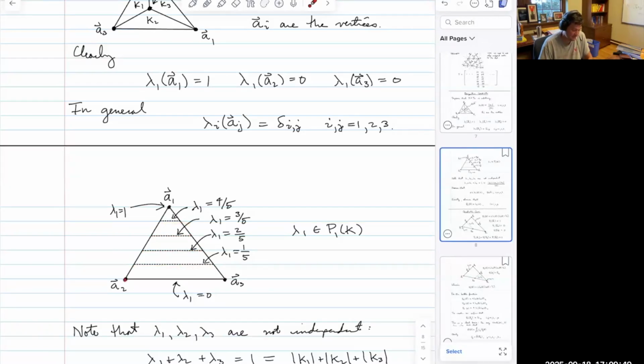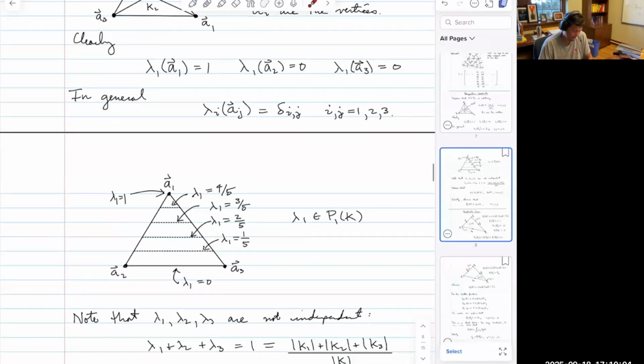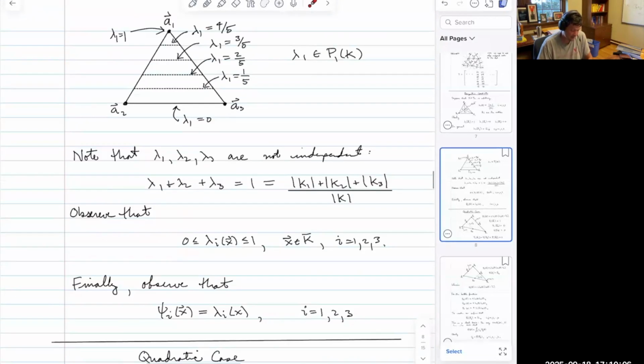So notice it's 0, and then 1, right? So that's the Lagrange nodal basis function that we had previously. Lambda 1 is the same as the Lagrange nodal basis function, psi 1. Okay, so we already said that. In fact, lambda i is equal to psi i.